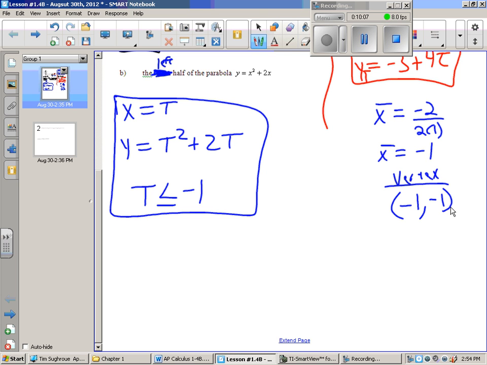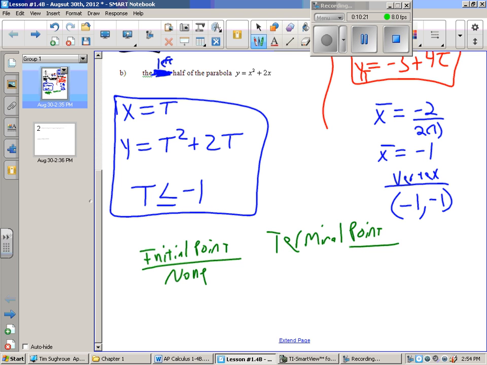So on a problem like this, the initial point is none, and the terminal point is the point -1, -1, that vertex. Let's see if we get the left half if we graph this.